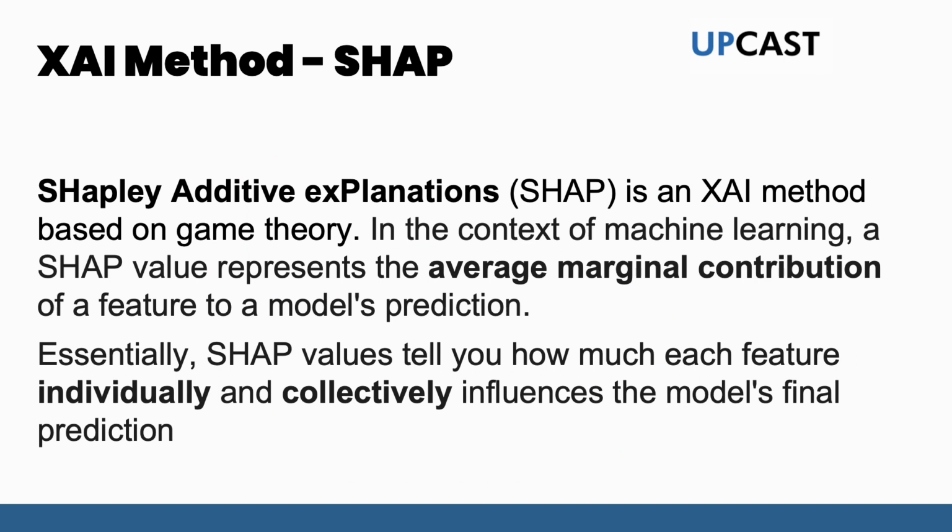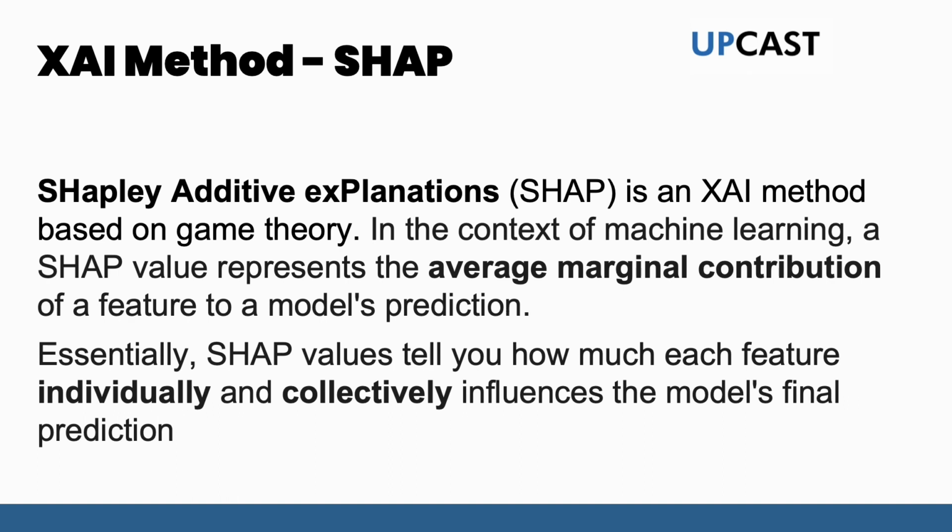One of the main techniques used in explainable AI is SHAP. Shapley additive explanations is an XAI method based on game theory. In the context of machine learning, a SHAP value represents the average marginal contribution of a feature to a model's prediction. Here's a quick breakdown of what these mean.